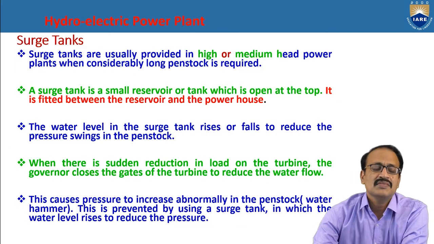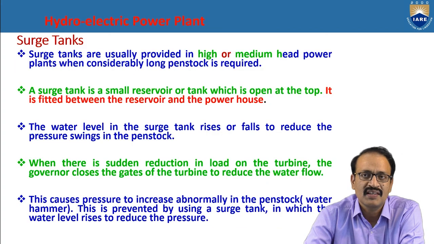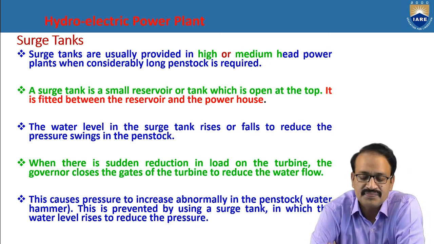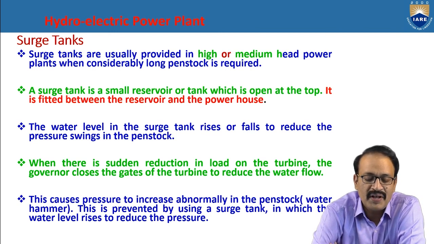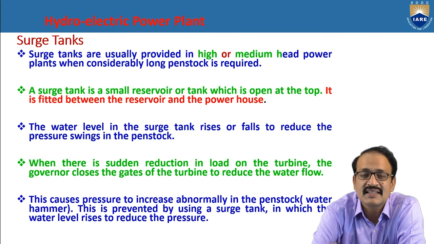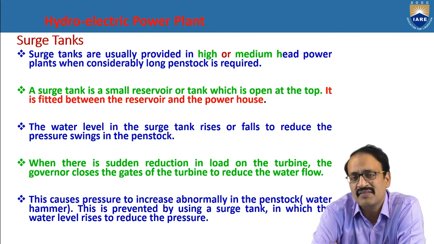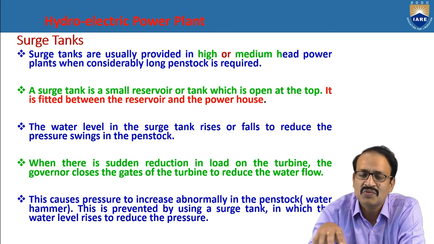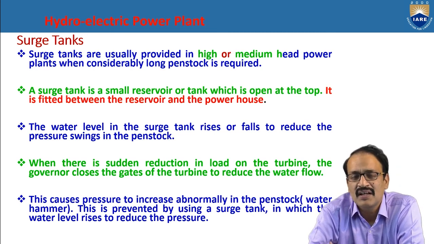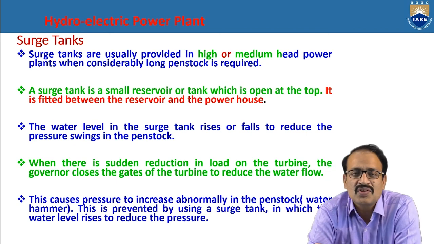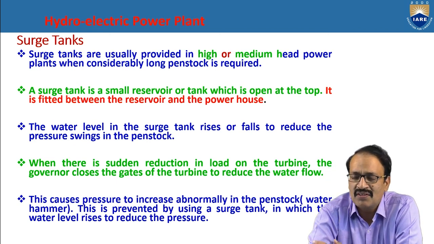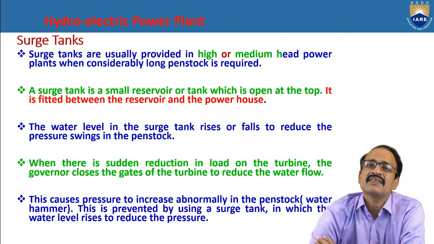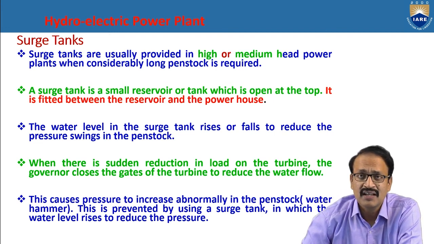The other main thing is the surge tank. This surge tank helps to decrease the pressure developed in the penstock. Whenever the pressure is more in the penstock, the water is going to be stored in the surge tank, and whenever suddenly the water comes, it is stored in the tank, and whenever there is less water, it is going to release that water as required.